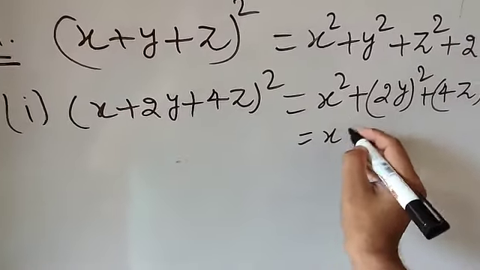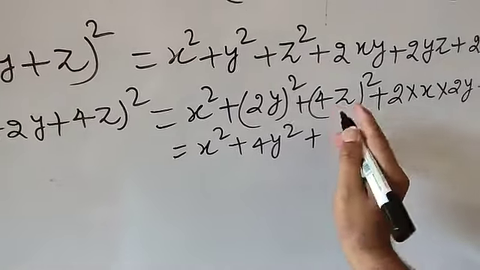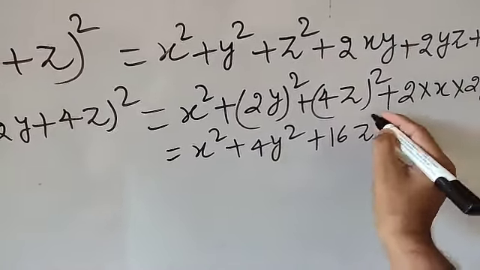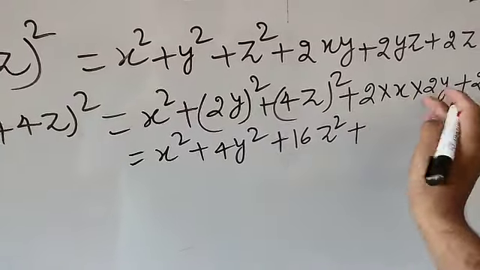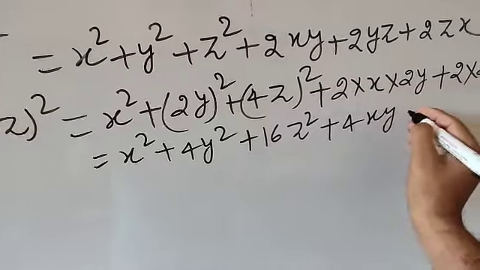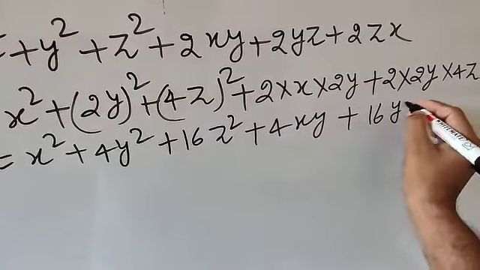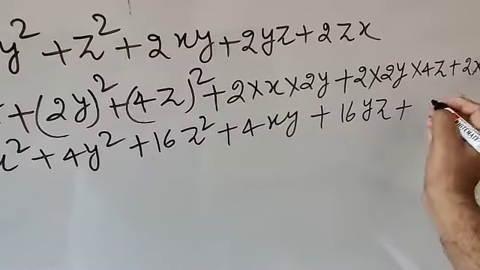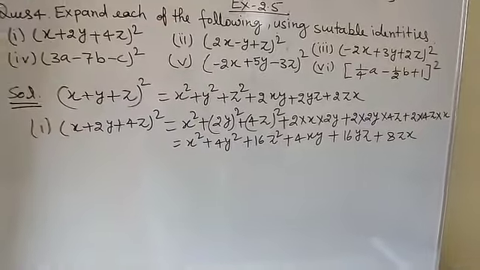It will be x square, (2y) square is 4y square, plus (4z) square is 16z square, plus 2 into x into 2y is 4xy, plus 2 into 2y into 4z is 16yz, plus 2 into 4zx is 8zx. So it is the answer of the first.